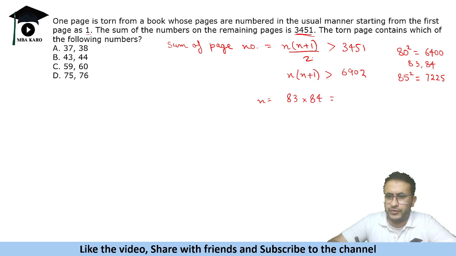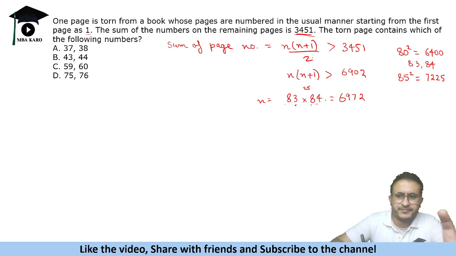If you are good at calculations, you can do it directly or you can do it step by step. Since I'm strong, I will do it directly. 84 into 3 is 252 and 25 carries. 84 into 8, 84 into 2, 168, 4 times 336, 672 plus 25 is 697.